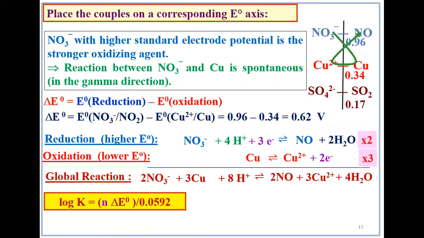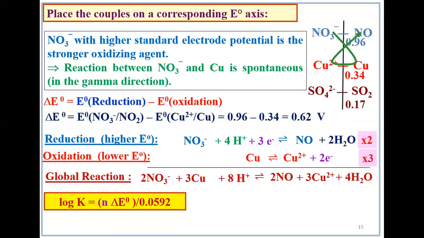Now, if they asked, and they didn't here, for the K of this reaction, of course, we're expecting it to be spontaneous, and we notice that delta E is positive, and indeed this is in the gamma direction, which is logical. What would you expect the K to be here?